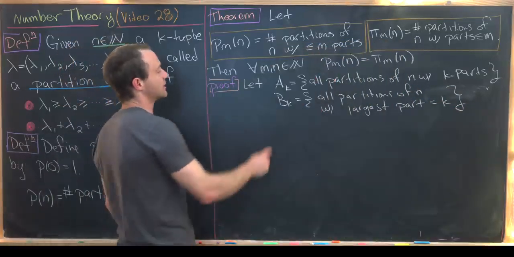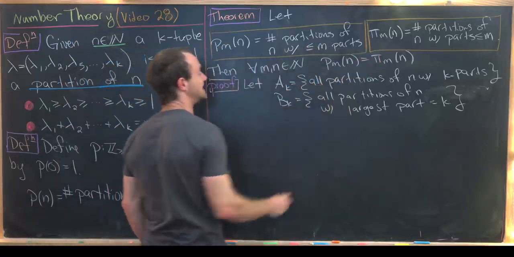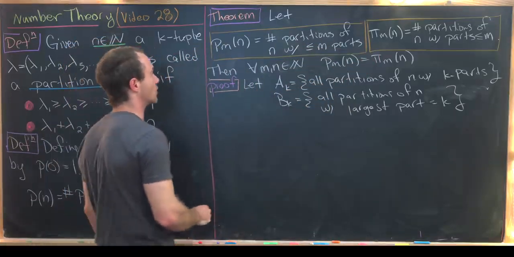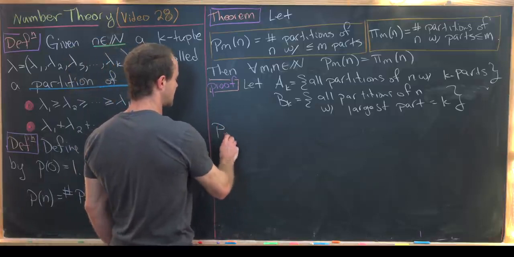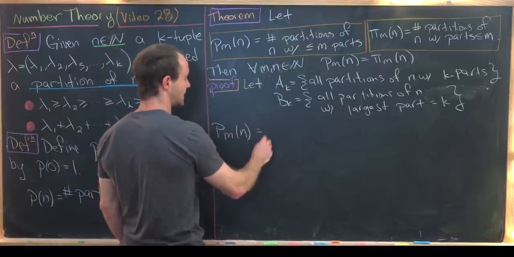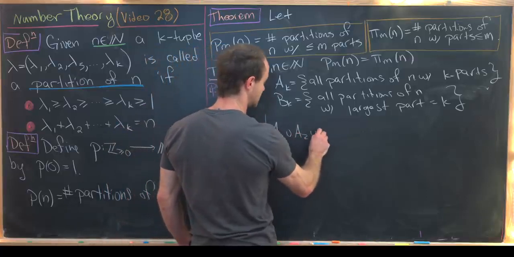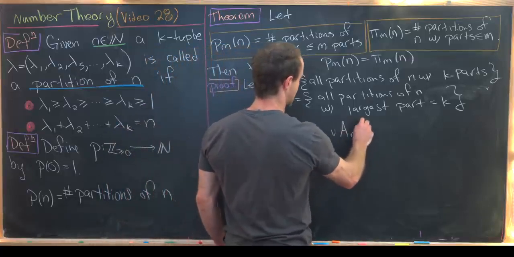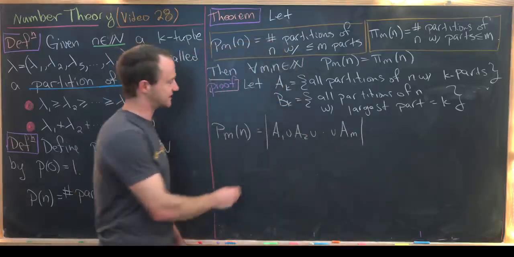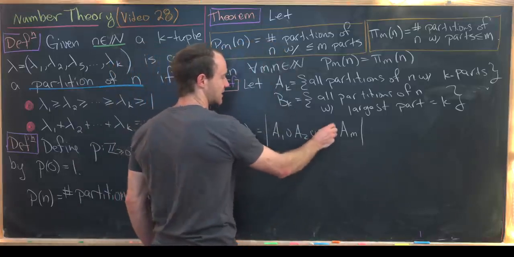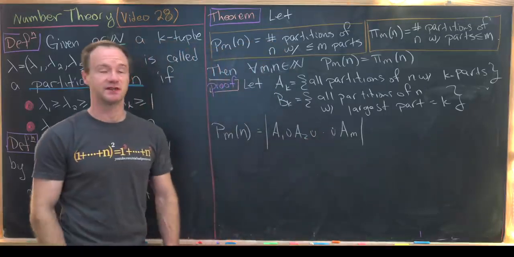And next, I want to notice that those are going to be related to these functions in the following way. Notice that P_m(n) will be equal to the size of A_1 union A_2 all the way up to A_m. Those are disjoint sets as well, so maybe I'll put a little dot here to show that we're doing a disjoint union.